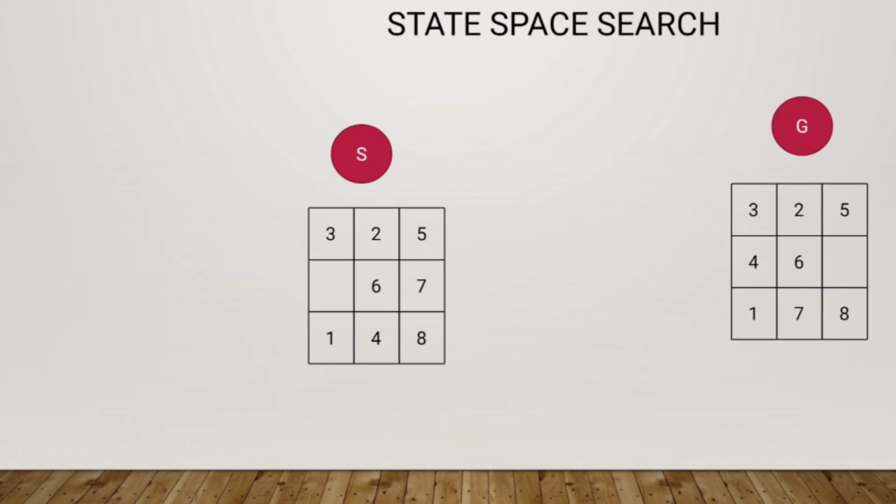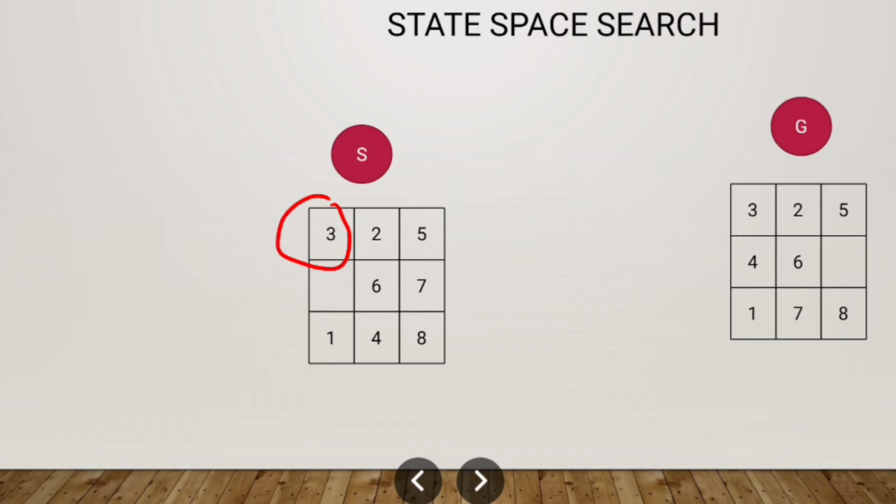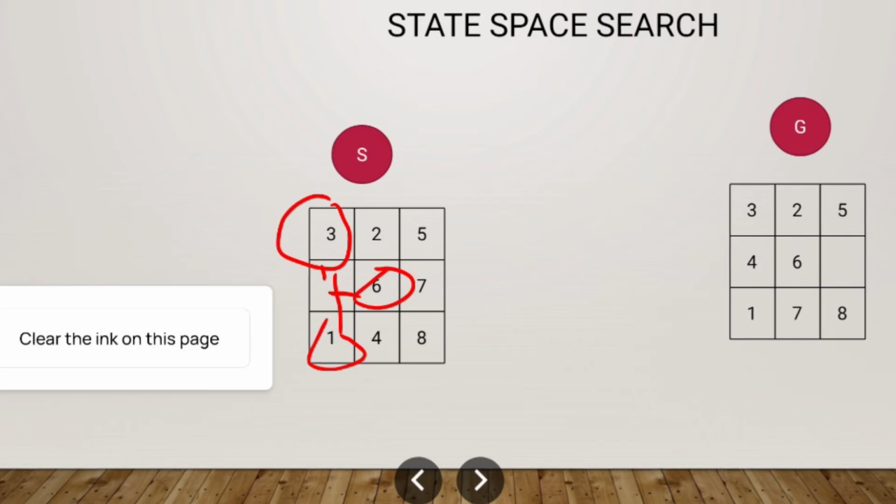So the initial state is S. How I am going to move from the S state: this 3 can be moved here, or this 6 can be moved here, or this 1 can be moved here. In this way I can make a move from the starting state. So I have to decide which move I am going to make.